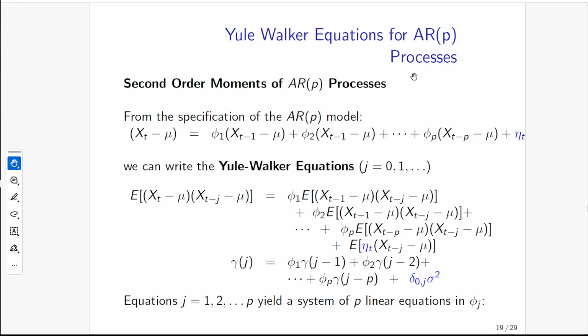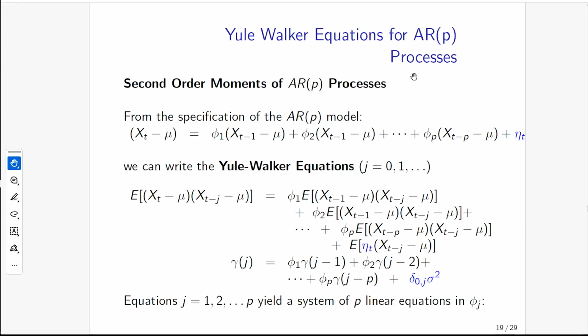If we take our model equation, that first equation line, we have the mean deviation of xt is equal to a linear combination of phi j times the jth lag deviation from mu. There's a typo there. That second phi 2 should have an xt minus 2.